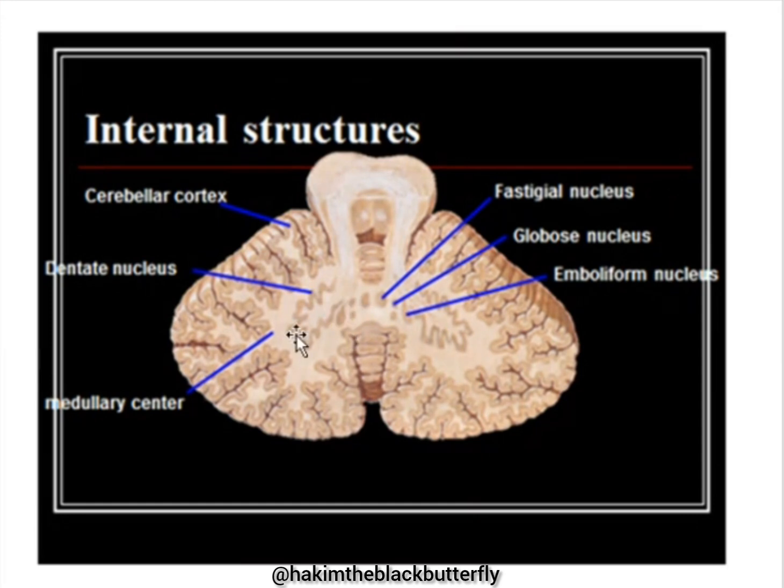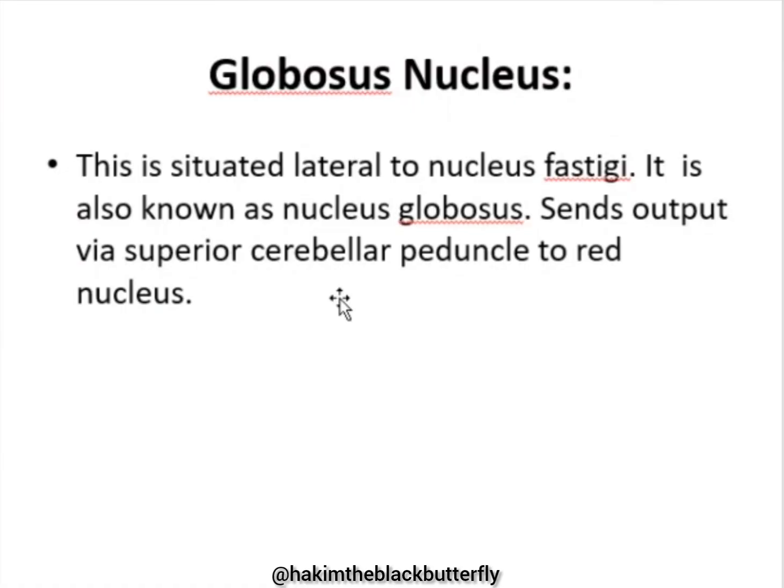And when you name them from lateral to medial, you have the dentate, the emboliform, the globosus, and the fastigial. The emboliform and the globosus nuclei are between the dentate and the fastigial, and they are known as the interposed nuclei.